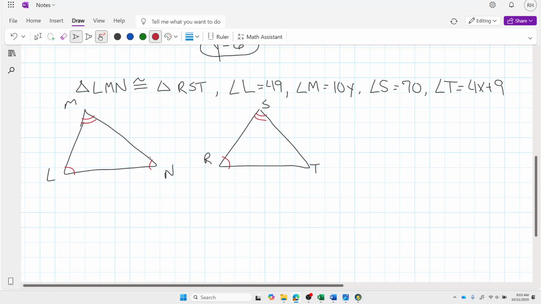All right, and N is congruent to T. Now, it looks like everything you're dealing with in this problem is angles. So if we have to label the sides, we can. But angle L is 49. M is 10Y. S is 70. And angle T is 4X plus 9.